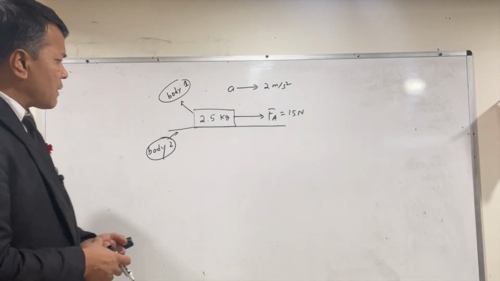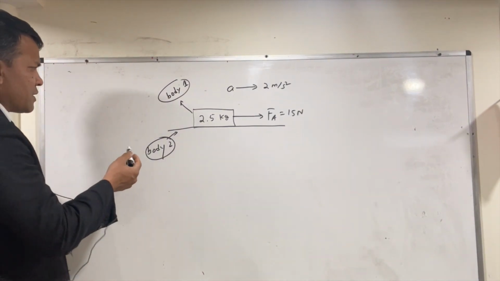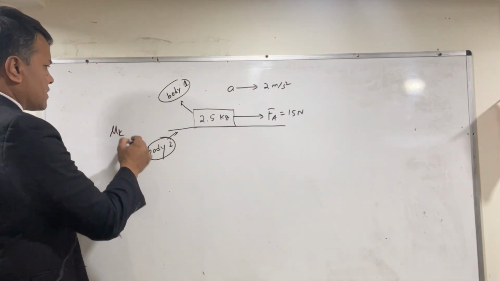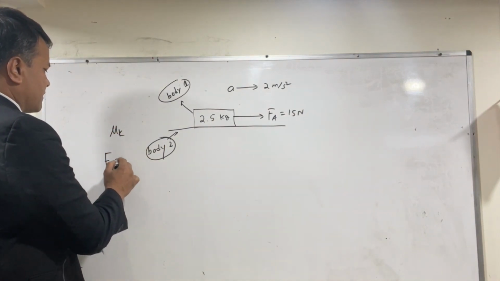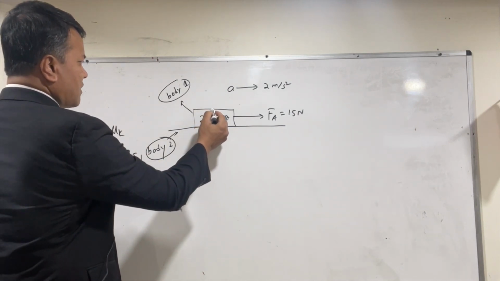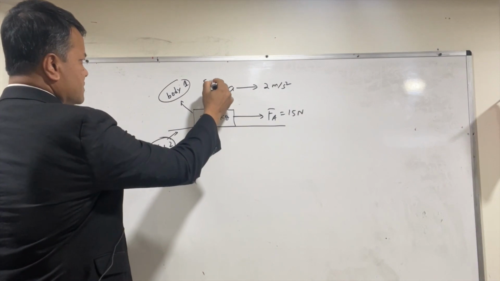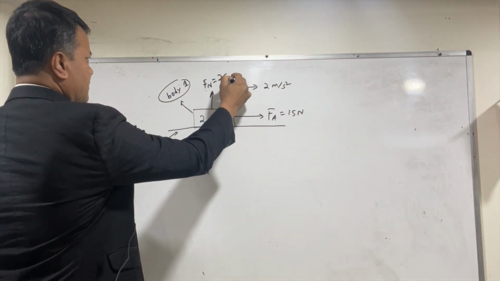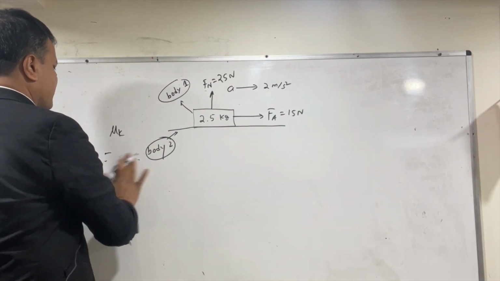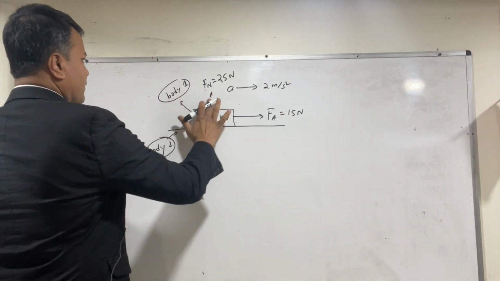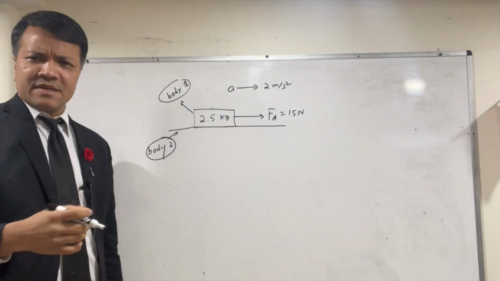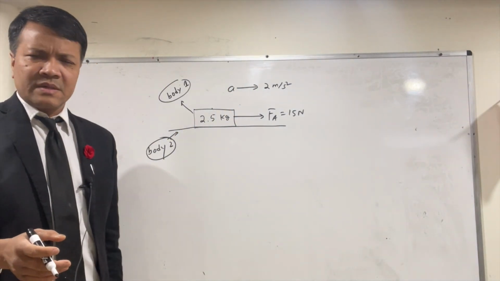Well, if you knew body 1 and body 2, you would be able to find the mu k, and you would be able to say, hey, Ff is mu k Fn, and you know Fn is 25 Newton, and you put mu k and you know the friction. But this problem is actually not that complicated. It's the easiest problem in the test.